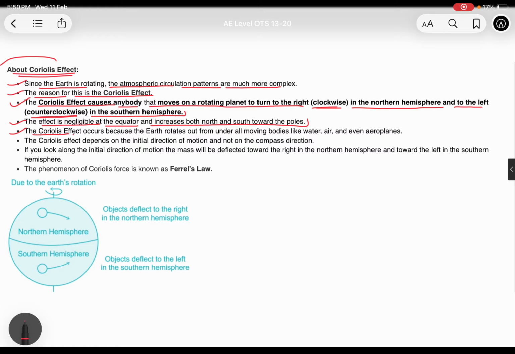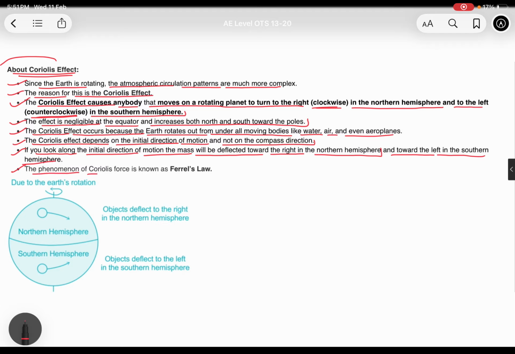The Coriolis effect occurs because the earth rotates out from under moving bodies like water, air, even aeroplanes. It depends on the initial direction of motion and not on the compass direction. If you look along the initial direction of motion, the mass will be deflected toward the right in the northern hemisphere and toward the left in the southern hemisphere.